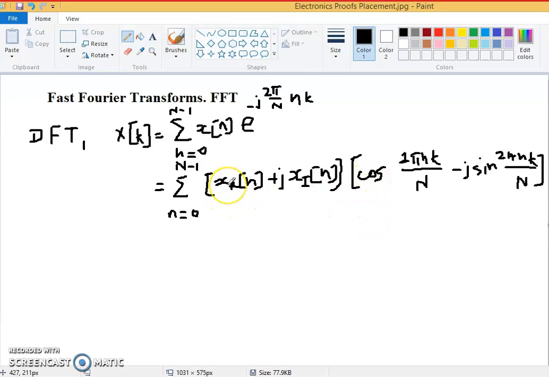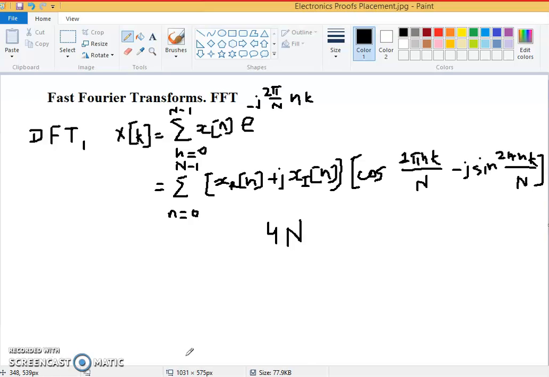This has to be multiplied by this, one multiplication, this by this, another multiplication, and so on. So it requires 4 real multiplications for a particular value of n. So in total there will be 4n real multiplications for calculating this.